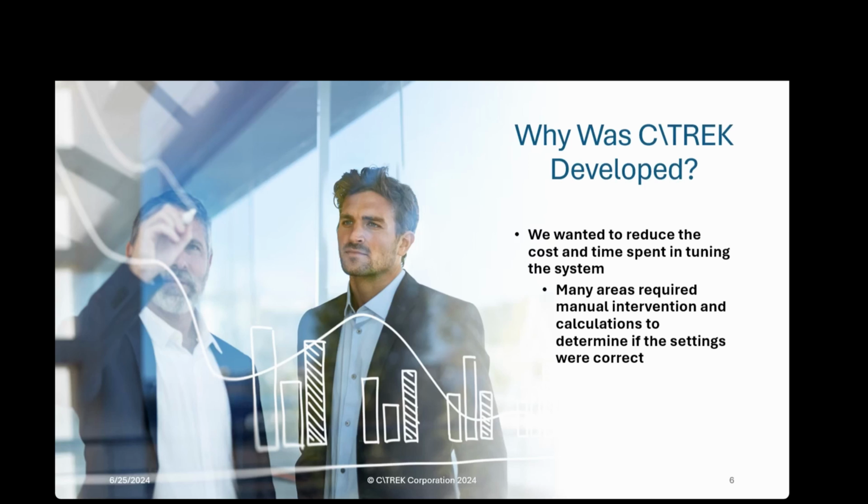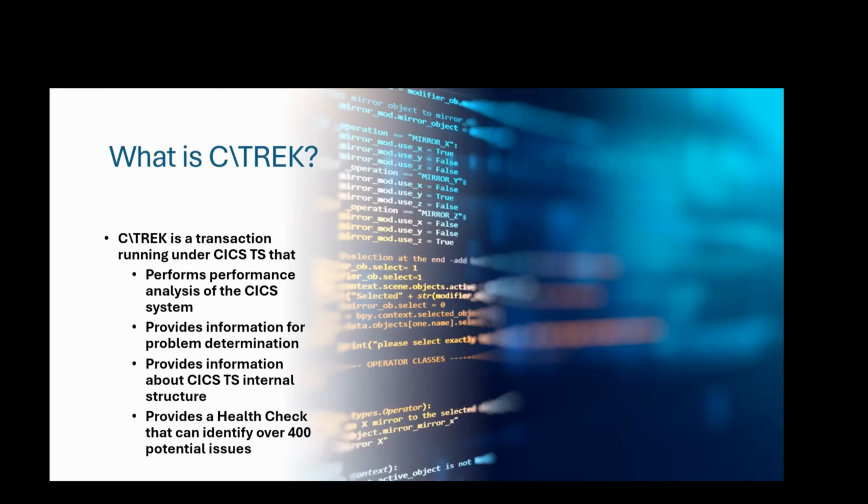And we will see more a little bit later. The way that C-Trek runs is really just a transaction running within CICS. It's a conversational transaction, in the sense that it does not use any CPU time unless you hit the enter key or some PF key to activate it. So from a performance point of view, it's not very expensive, unlike your normal performance monitors, which have transactions active all the time and normally cost somewhere between 4 and 6%.